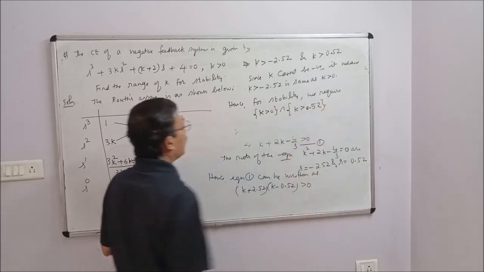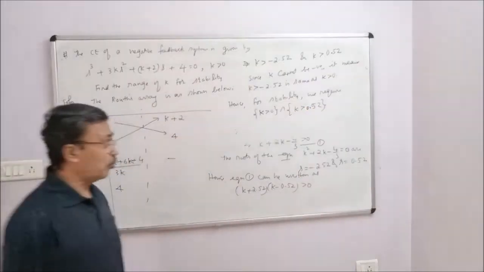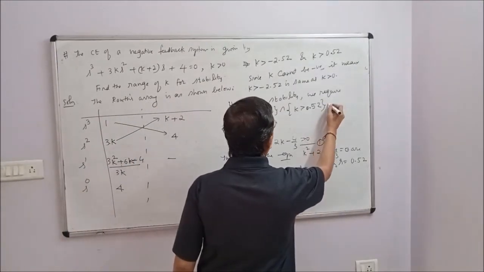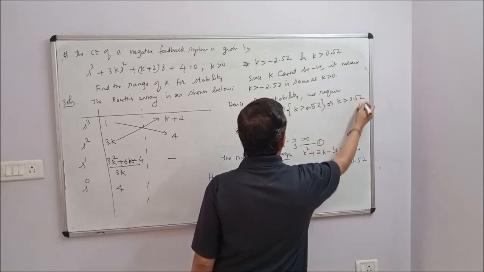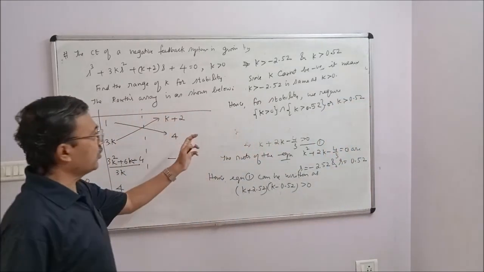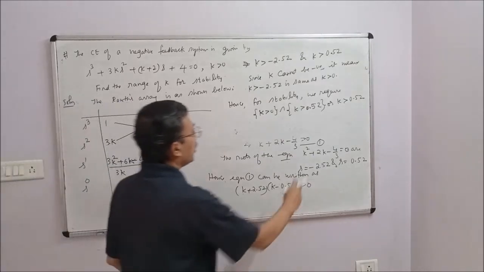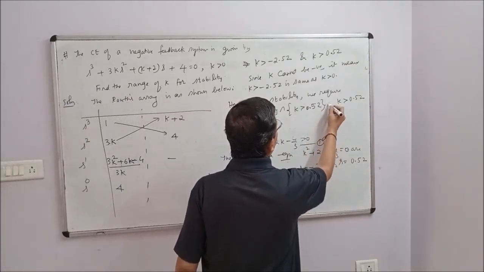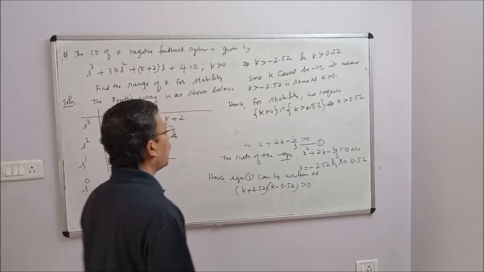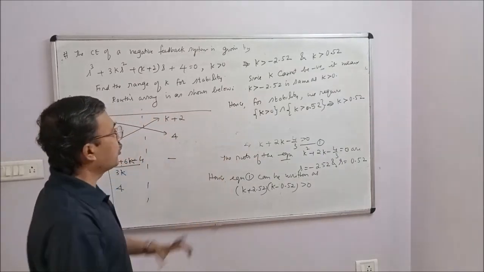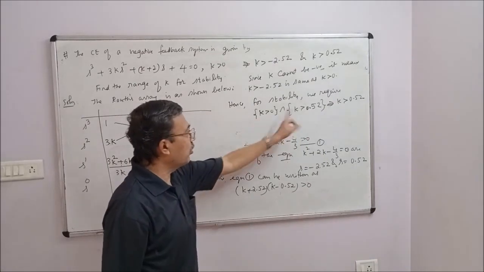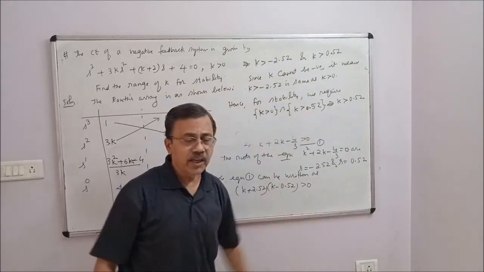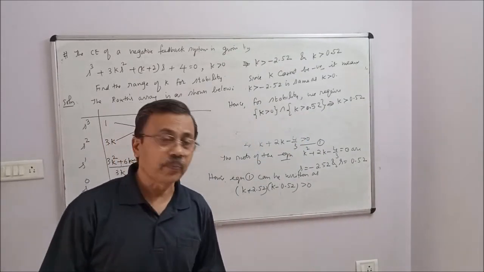K greater than 0, if it intersects with k greater than 0.52, the answer is k greater than 0.52. Hence, for stability we require k greater than 0 intersecting with k greater than 0.52, which implies k to be greater than 0.52.